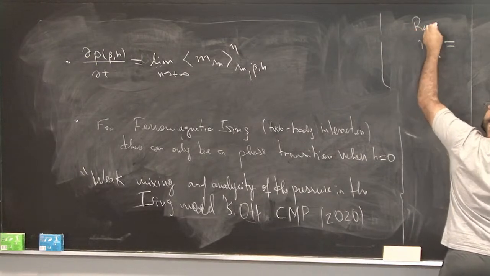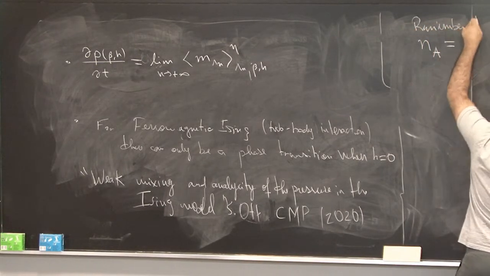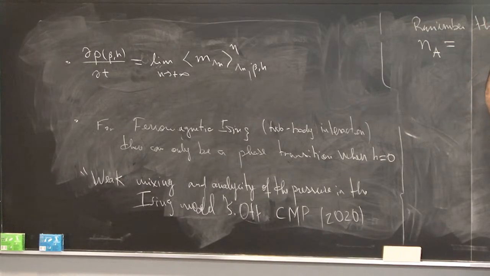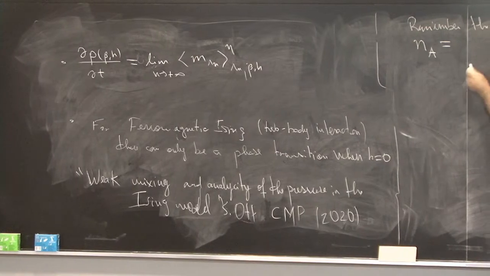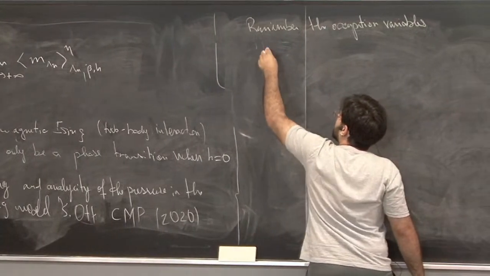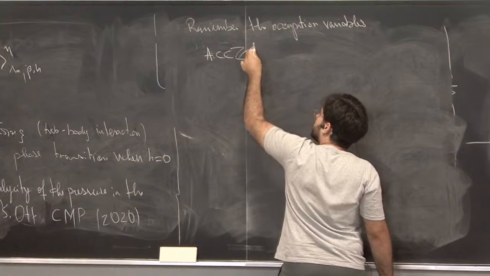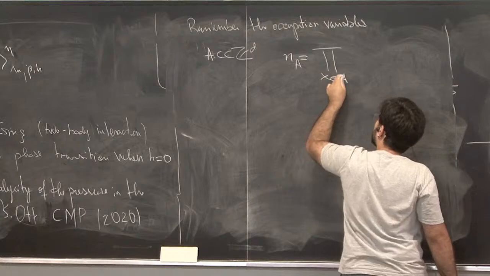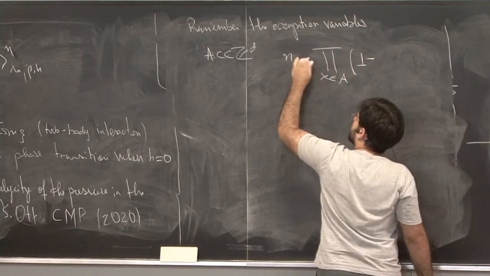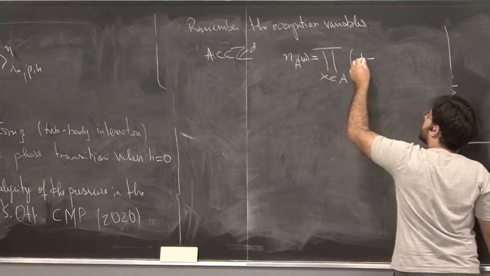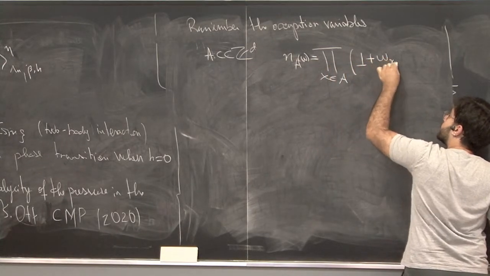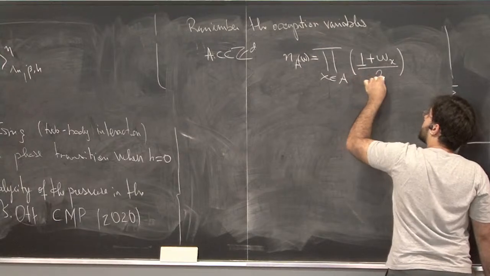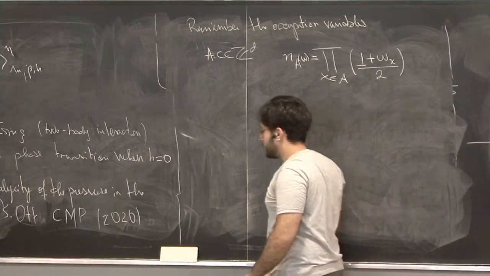So remember the occupation variables: for each A a finite subset of Z^d, I have σ_A equals the product over x in A of σ_x. This is calculated at some configuration ω, as 1 plus ω_x divided by 2.